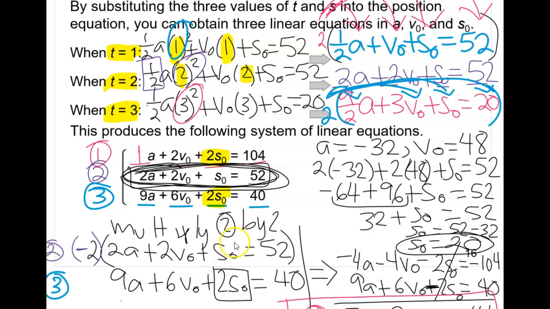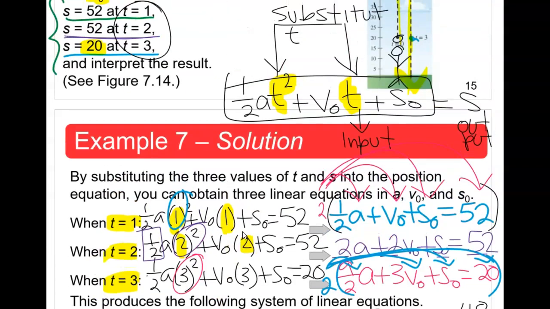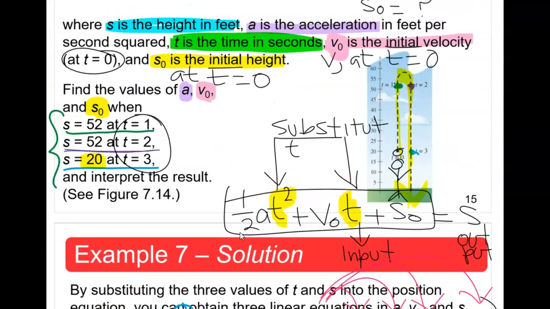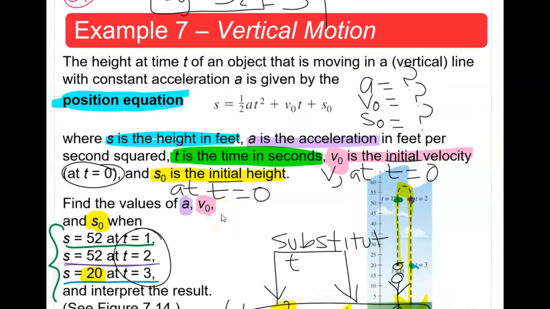So now we have everything. So the initial position was 20 feet up in the air. Yeah, you could see it. It kind of matches here. At time 0, that's the position, 20.